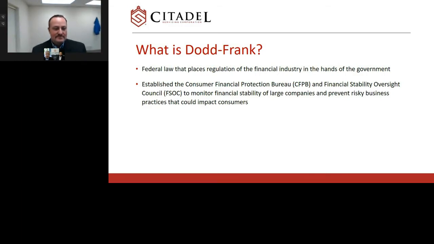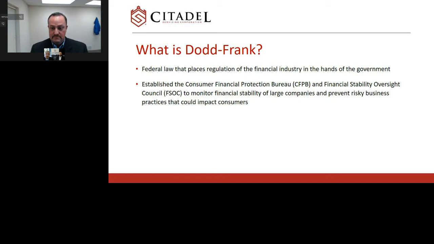It's to protect the consumer, especially on 1 to 4 unit properties, especially on owner-occupied properties, and to help protect the U.S. taxpayer so we don't have to bail out big banks and insurance companies for making bad decisions on risky type loans. And it sets forth, more importantly for the lending industry, the rules of the road of what can be backed by Fannie Mae, Freddie Mac, FHA, the GSEs, and what cannot.